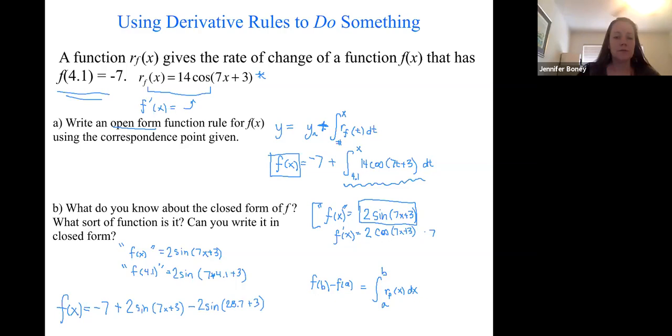But taking a look at this, you can see that if I put in x equals 4.1, this term and that term are identical. They subtract one another off, and I'm left with this negative 7. So it takes care of the initial value not matching; this gives us the right vertical intercept, the right vertical shift, for a function that has two properties. You have to have its rate of change and the initial value.